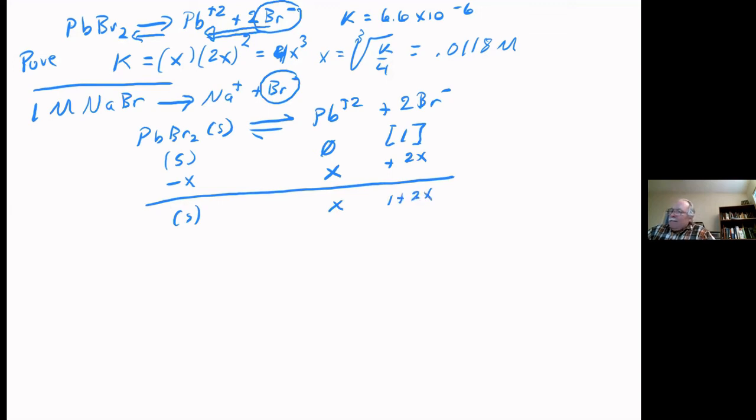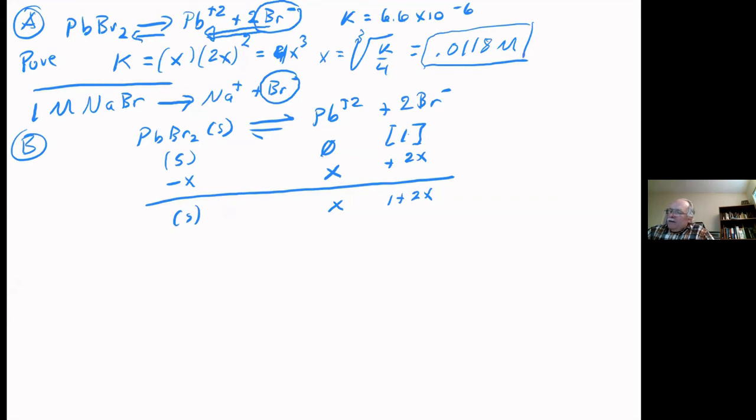Now, in the absence of the 1 molar, in part A up here, let me just call this A, I'll call this part B. In part A, when the bromide was 0, the value of X was 0.0118. Now, because of Le Chatelier's principle, it's going to be less than 0.0118.